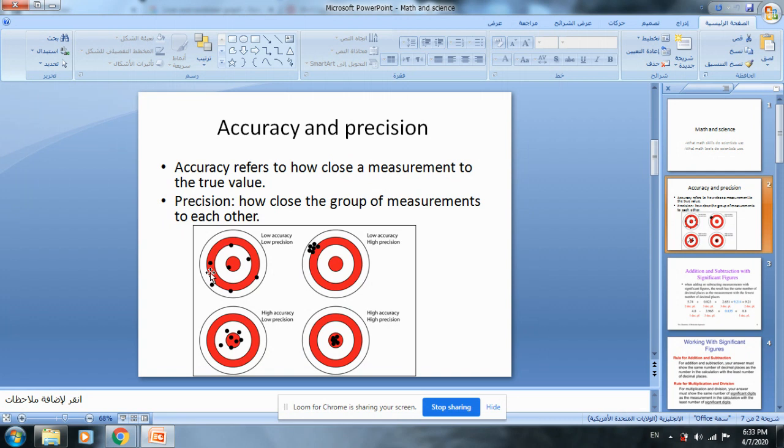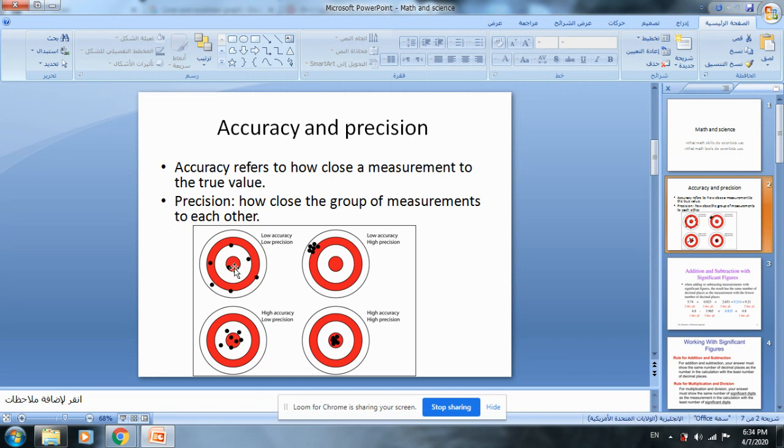If I made 4 or 5 tries in the lab, and my measurements were to measure the gravity, if I have any measurement that's close to the true value, I can call it an accurate measurement. Okay, if my measurement is close to the true value, it's called what? Accurate measurement. Now this is about accuracy. Precision, how close the group of measurements are to each other.